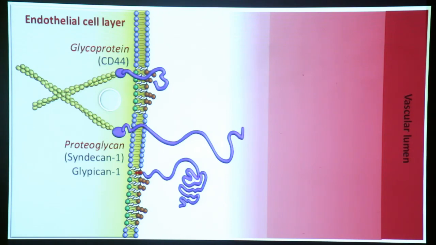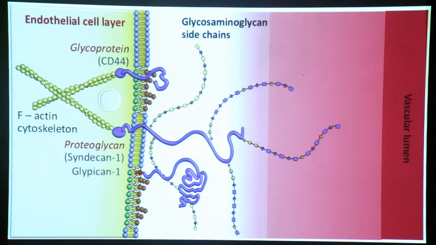And what are proteoglycans? The proteoglycans have a lot of side chains, called glycosaminoglycan side chains, or GAG side chains in short. Now these side chains, I told you, are all negatively charged. So you have dermatan sulfate, heparan sulfate, and chondroitin sulfate.